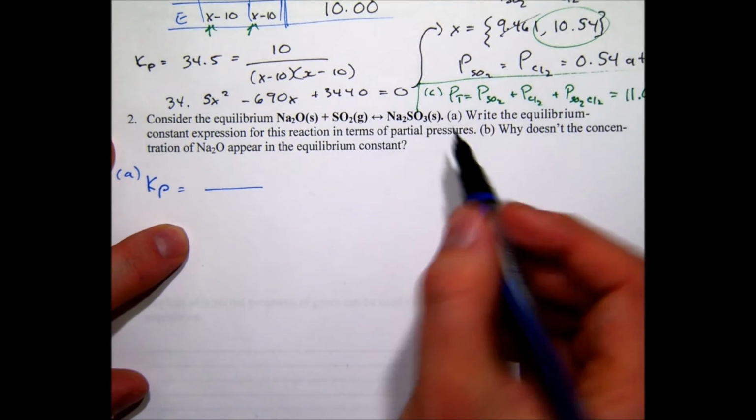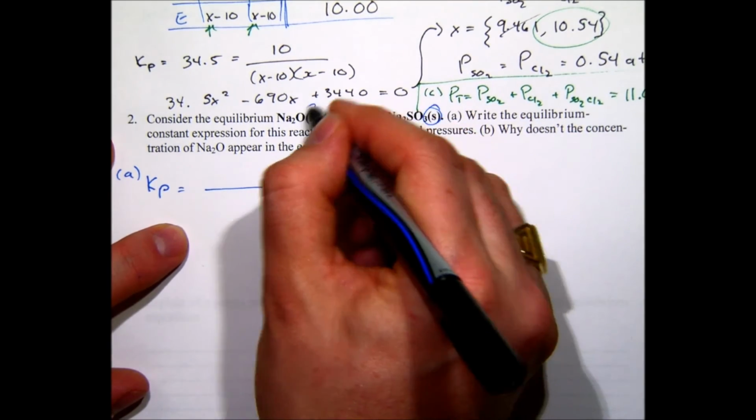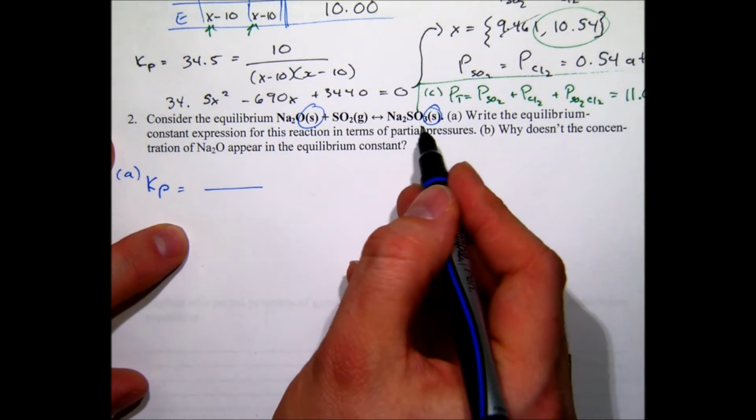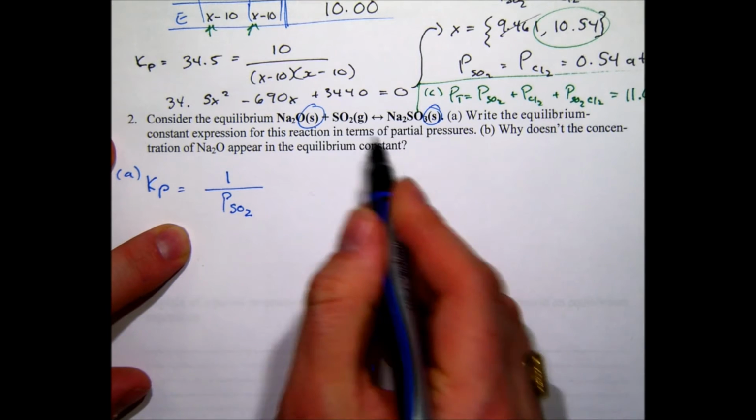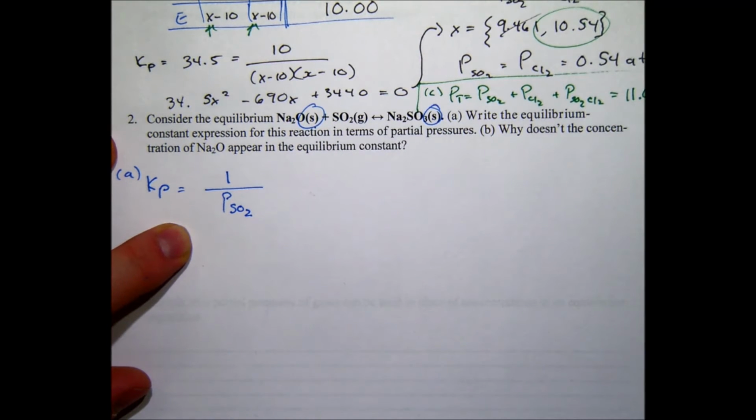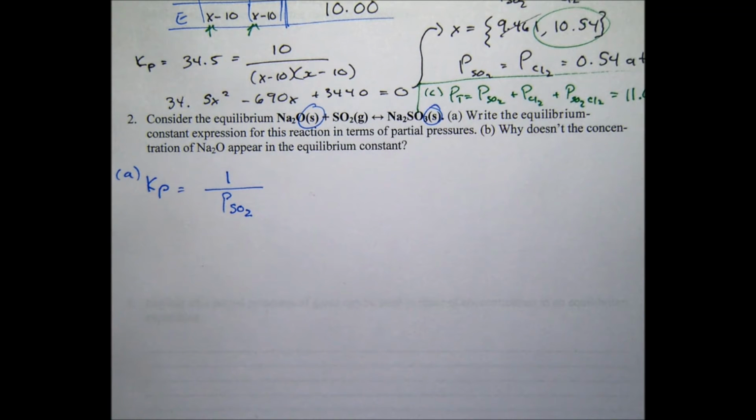The first thing we have to notice is that we have solid and solid, so we have no product that we're going to write, so we're just going to put a 1. And then over the reactants, which is the partial pressure of SO2 raised to its coefficient, which is 1. So that's all we have to do for A, is 1 over the partial pressure of SO2.